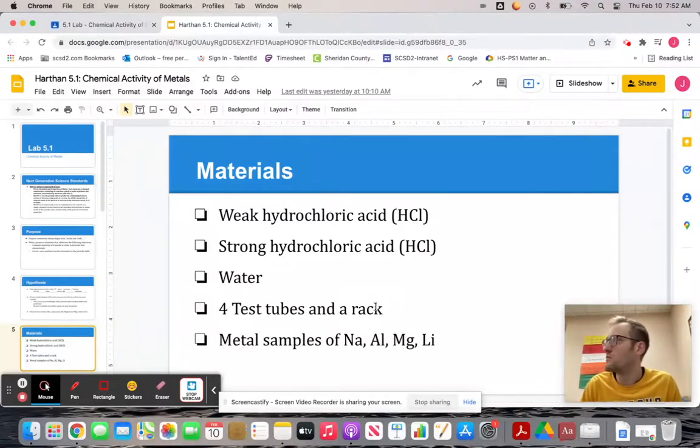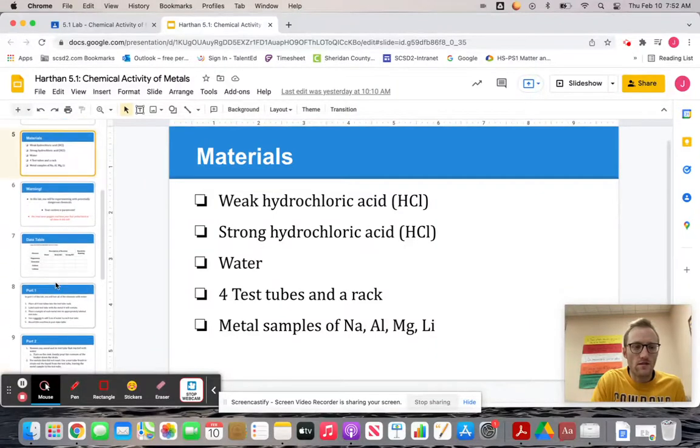If you put something in water and it reacts and fizzes and bubbles, that would be a pretty good indicator that that element is very reactive, right? Now, if it requires a very strong acid to actually get it to react, that would mean it's unreactive. So we want to think about that as we're filling out our data tables. What are we seeing? The most reactive elements are going to react when we put them in water. The least reactive elements aren't going to react until we put them in a strong acid.